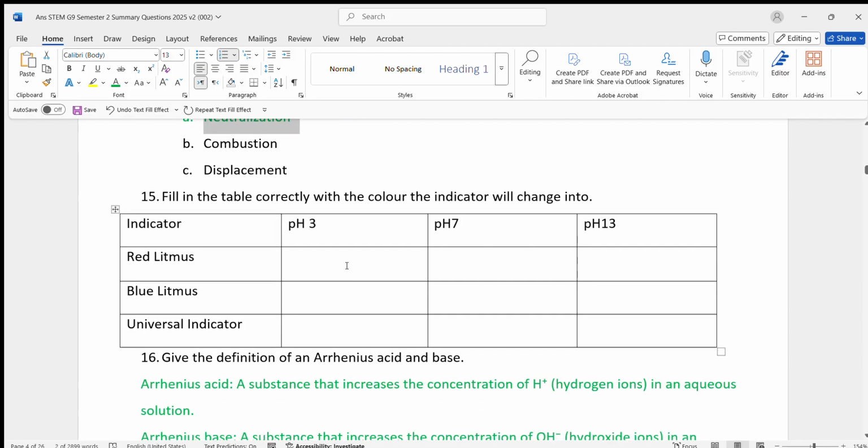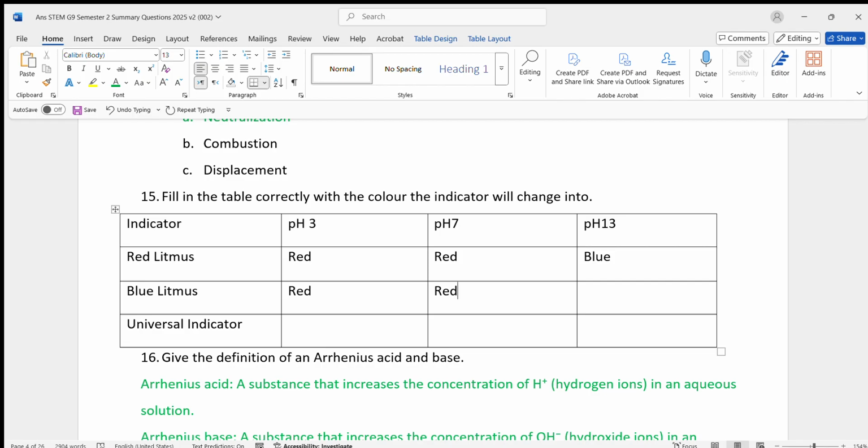Now here you just need to write the colors of red litmus, blue litmus, and universal indicator. What is the color of red litmus at pH 3? Of course it is red. At pH 7 it is red, but it changes color at pH 13, which is alkaline, to blue. Blue litmus paper is red at pH 3, and of course it remains blue at pH 7.